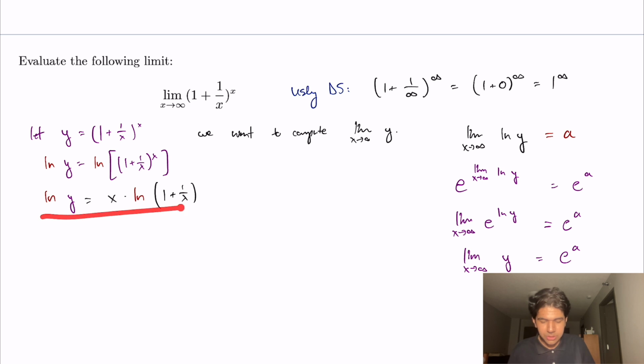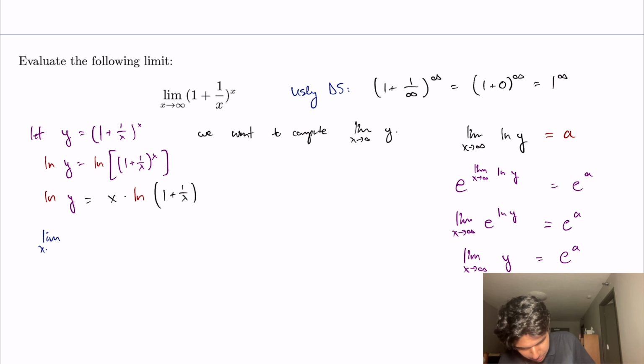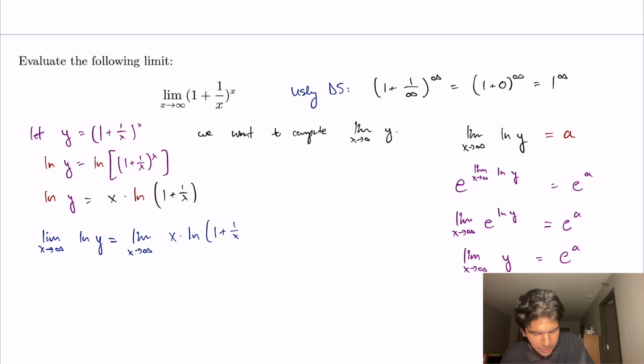We've computed the natural log of y. Now let's consider computing the limit as x approaches infinity of ln of y, which is equal to the limit as x approaches infinity of x times the natural log of 1 plus 1 over x. Okay, so let's try using direct substitution.